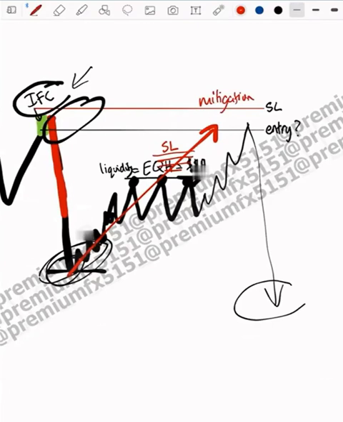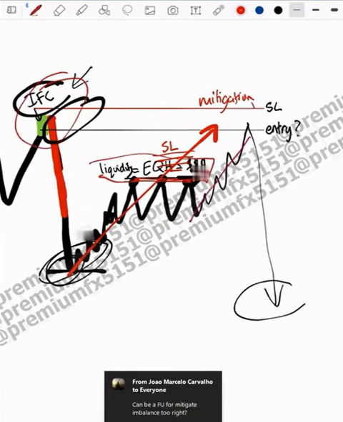Despite the EMA, despite the trend line, despite the Fibonacci, despite the triple top that was happening over here, it all failed because we know that there was an IFC over here that needed to be mitigated. And furthermore, we had liquidity lying over here, and liquidity is what price is attracted to. So price shot up, took out that liquidity, mitigated the IFC, and then continued down. That is what's going on over here. That's the logic and the story that's going on. But let's take it a little bit further.